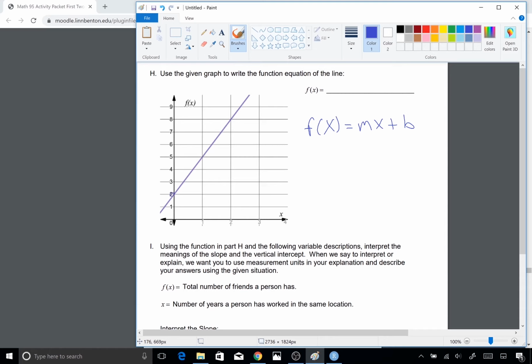The y-intercept is 2, so that tells me that b equals 2. The rise over run, it goes over 1 up 3, so that tells me that m equals 3. So the equation for the line will be f of x equals 3x plus 2.